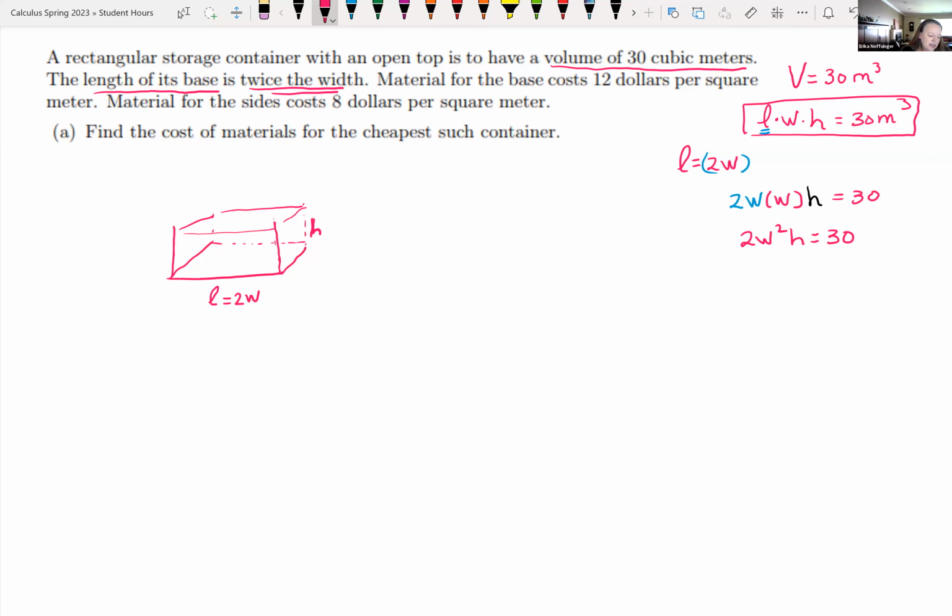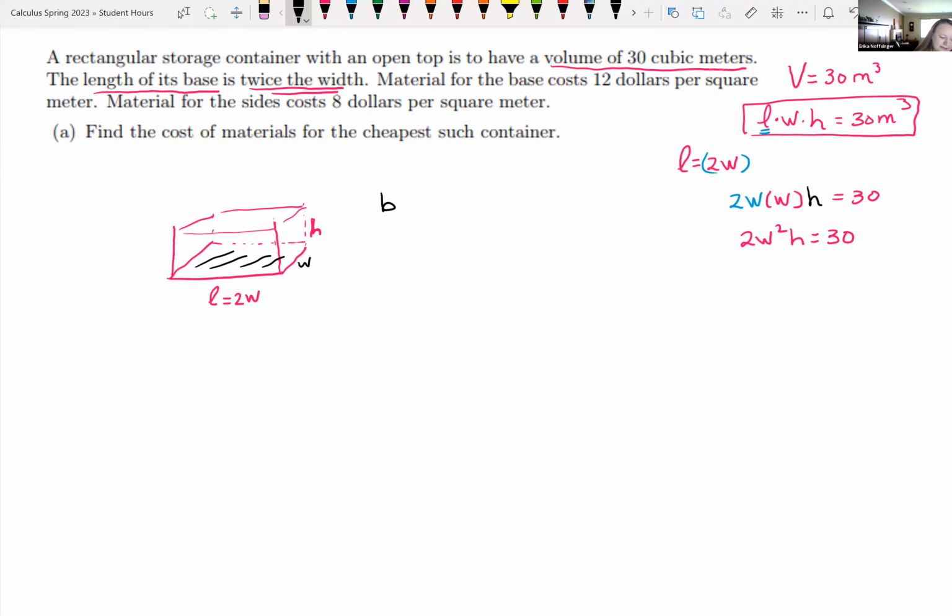So let's look at the cost of our materials. The cost for the base is $12 per square meter. So if I look at my base here, let's look at how we find the area of that base. Well, it's length times width.